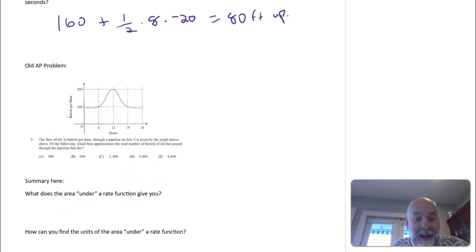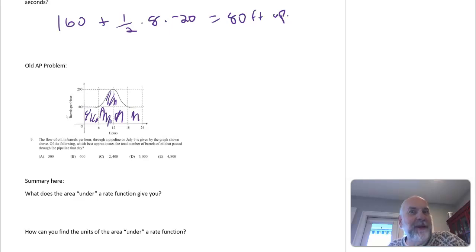But still, the area of these boxes here stands for barrels per hour, the rate of oil passing through the pipeline, times hours. That stands for number of barrels, like accumulated barrels that we're getting. And again, this area is going to stand for how many barrels I've accumulated over this period of time.